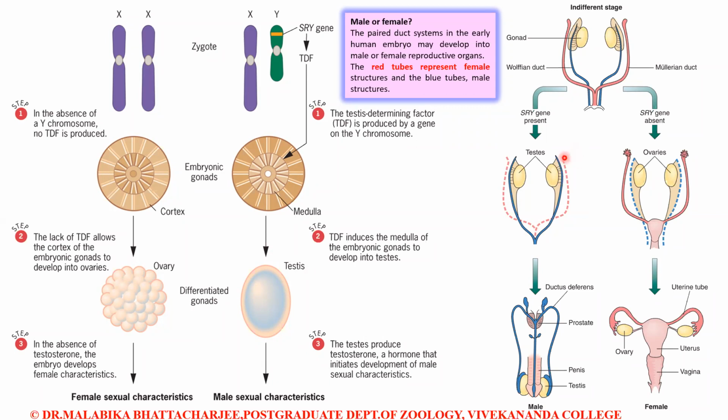So the Mullerian inhibiting substance produced by the developing testis cells actually results in the degeneration of this female Mullerian duct.